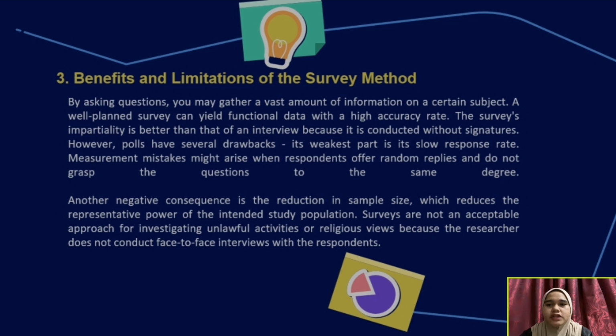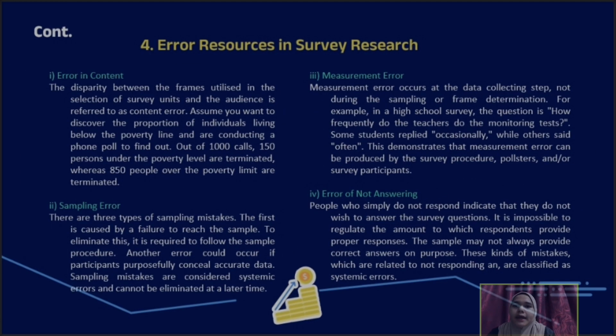Another negative consequence is the reduction in sample size, which reduces the representative power of the intended study population. Surveys are not an acceptable approach for investigating unlawful activities or religious views because the researcher does not conduct face-to-face interviews with the respondents.